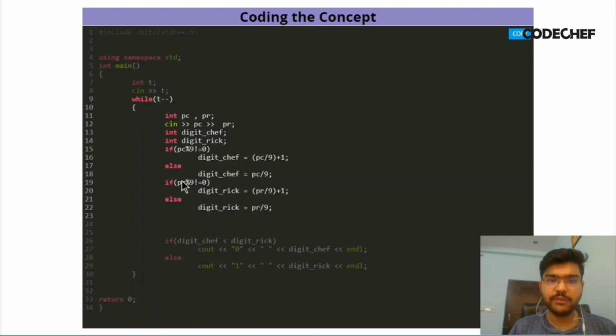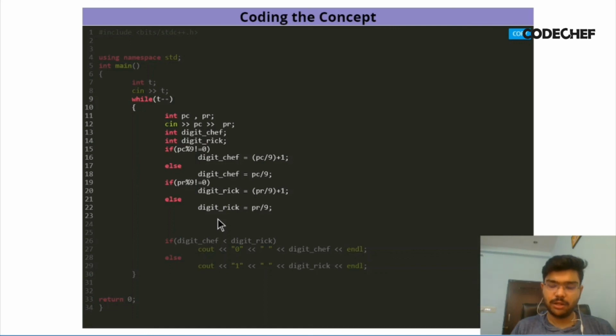If the final power for Rick modulo 9 is not equal to 0, we require one extra digit, so we divide the final power of Rick by 9 and add one. Otherwise, we simply divide the final power of Rick by 9, and that is the number of digits in the Rick generated integer.